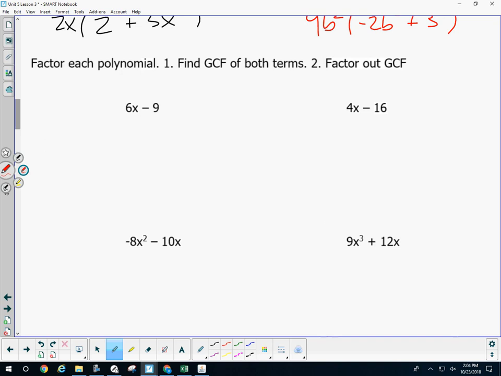6x and 9, what do they share? Just a 3. So I'm going to pull out or divide out a 3. Now you can think, what times 3 will give us 6x minus 9? Think about where we started. We started with distribution, and we'd have to multiply this 3 by 2 things.